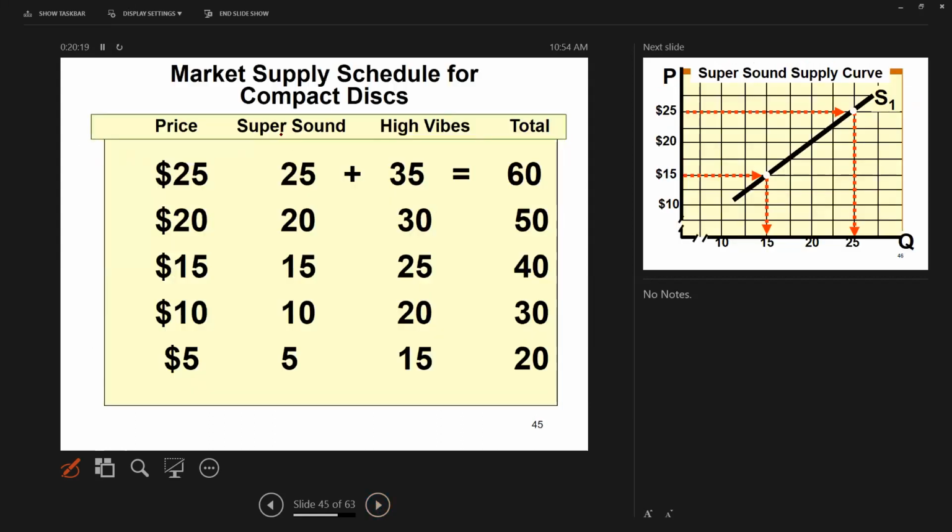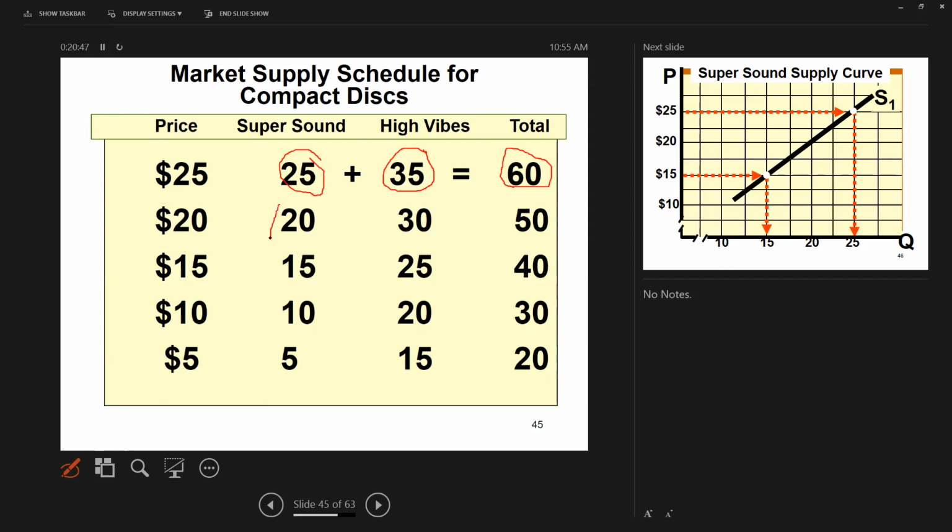So here, this is Super Sound and High Vibes. They sell CDs. At a price of $25, Super Sound will sell 25 CDs, and High Vibes will sell 35. So we add these two quantities together, and at a price of $25, 60 CDs will be offered on the market. Drop the price to $20.